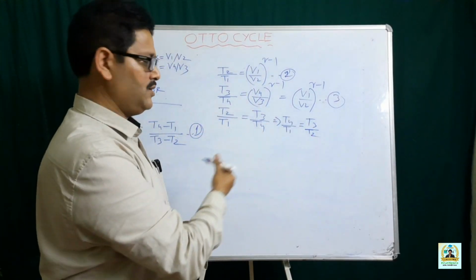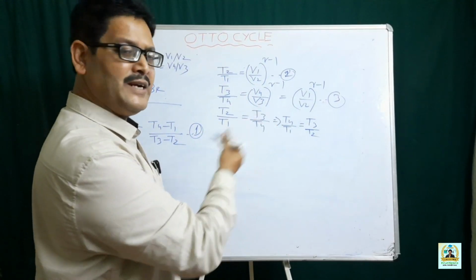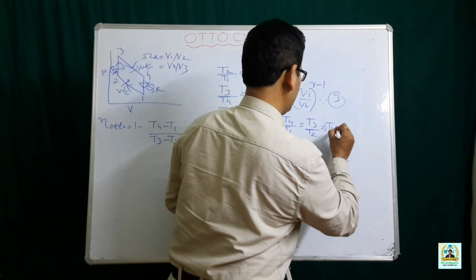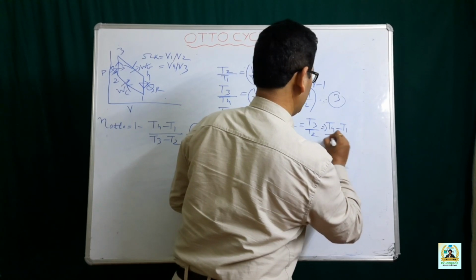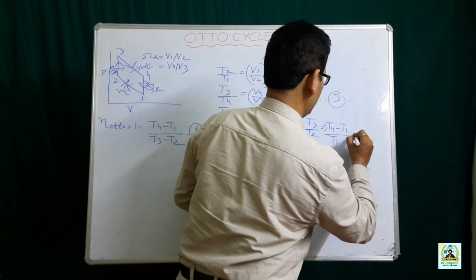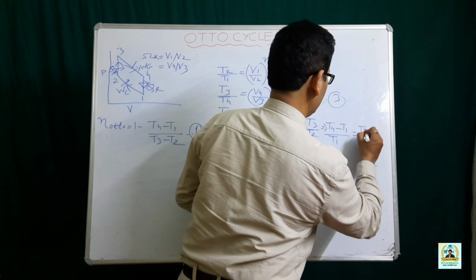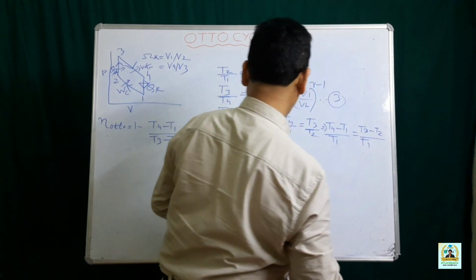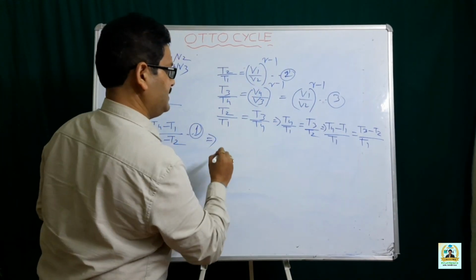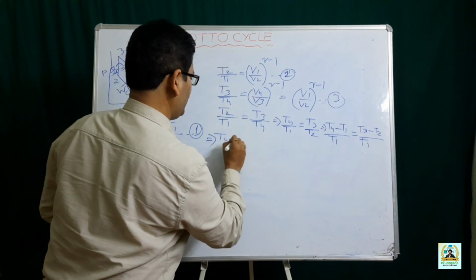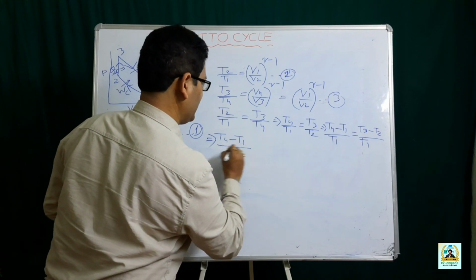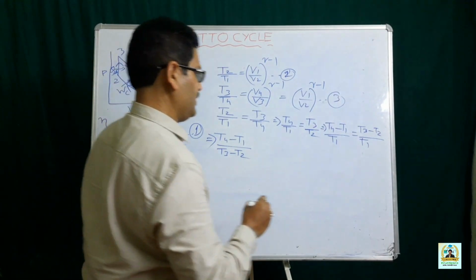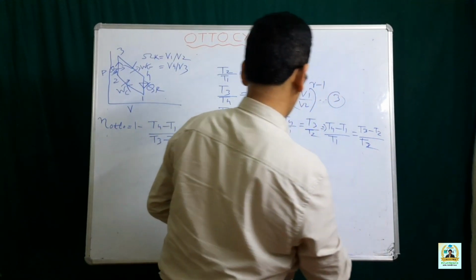And if you deduct 1 from both the left hand side and right hand side, you get (T4 minus T1) by T1 is equal to (T3 minus T2) by T2. And this implies (T4 minus T1) divided by (T3 minus T2) is equal to T1 by T2.